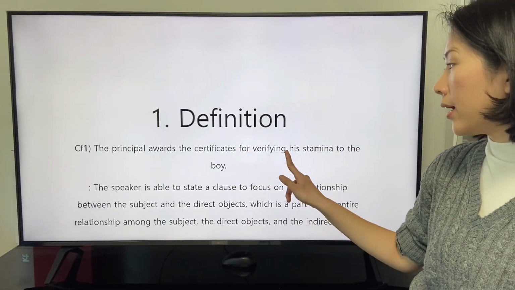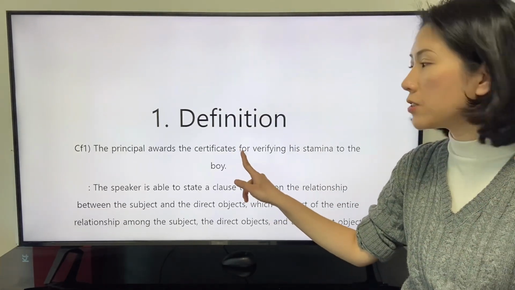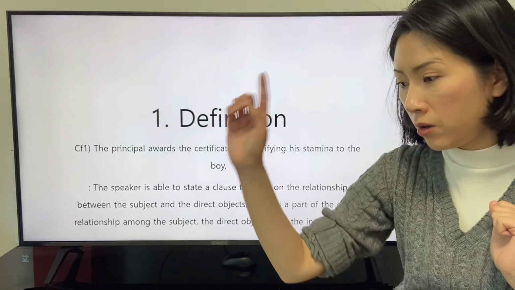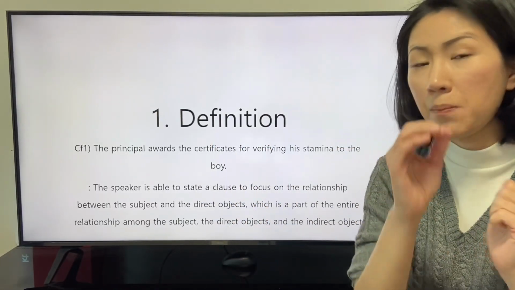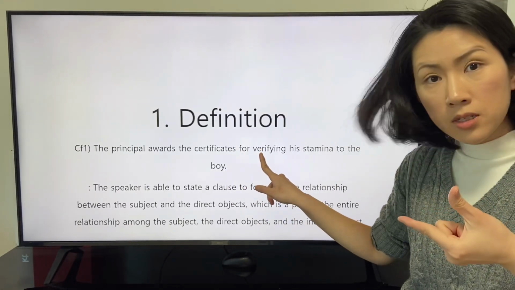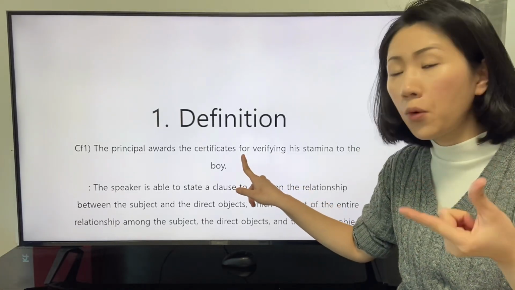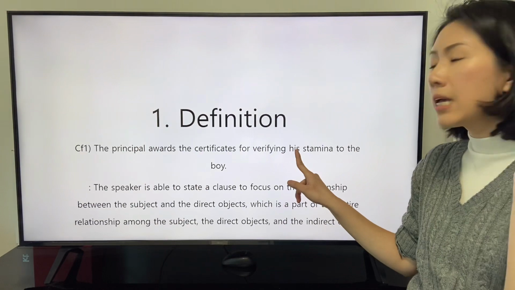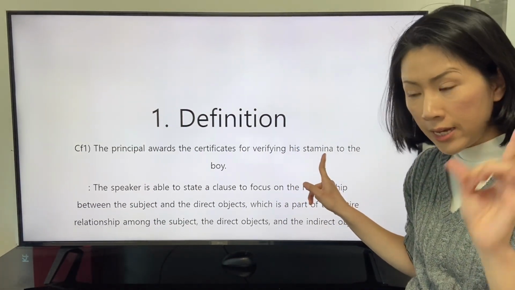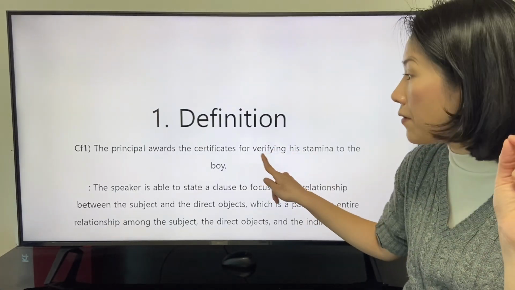For verifying his stamina, this phrase of the preposition for forms a unit of the preposition for, because the gerund verifying is the object of the preposition for, and the phrase of the noun his stamina is the object of the gerund verifying.